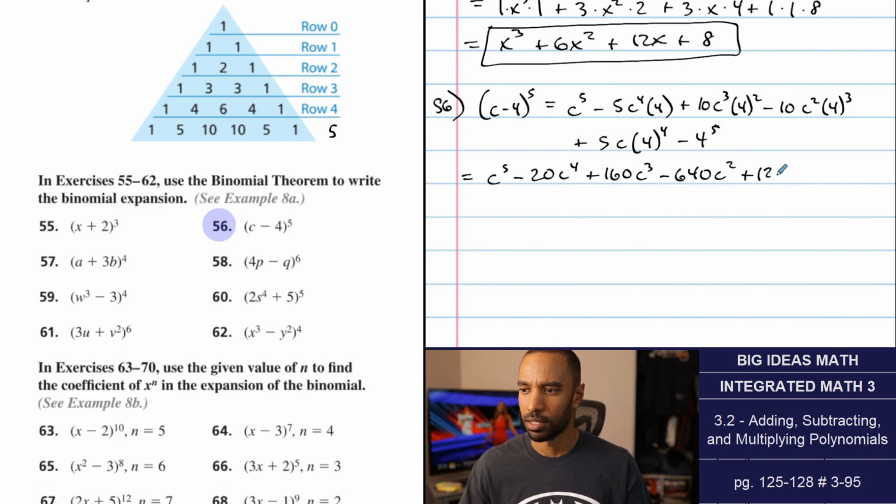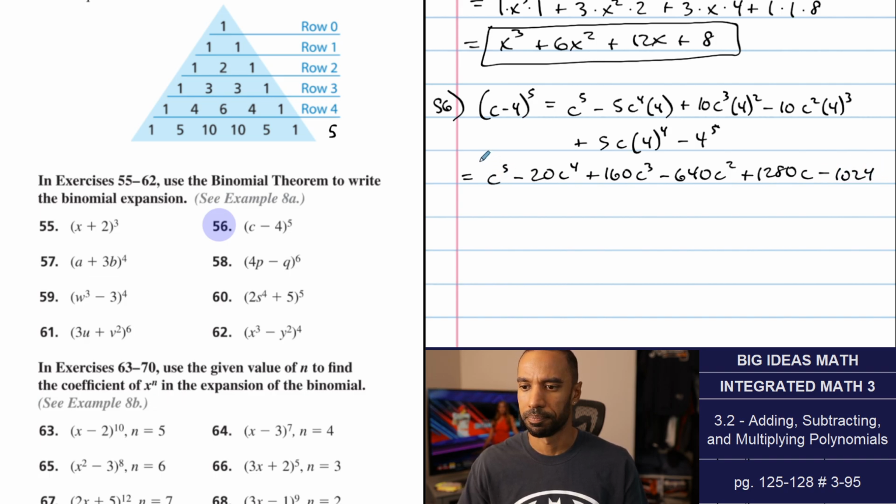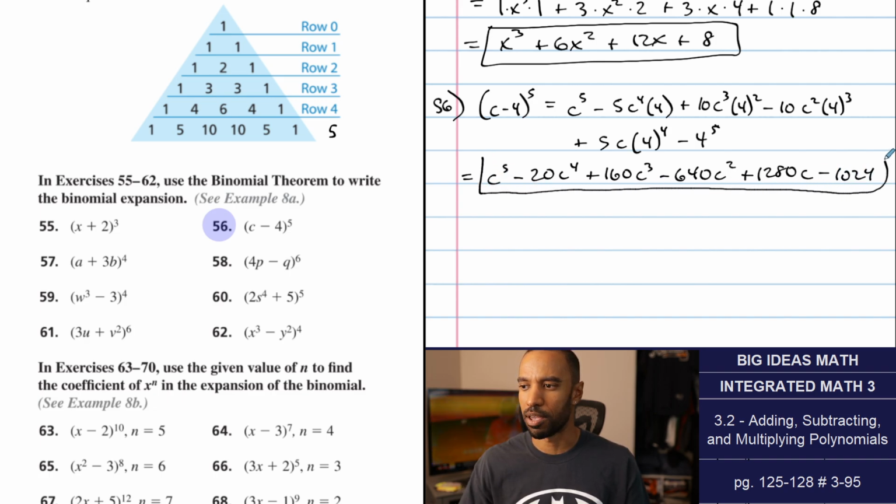Plus 1280 c. Minus 4 to the 5th, 1024. Minus 1024. Okay. Yeah, sorry if I'm not using the exact version of what they had. I think that'd be a lot to write.